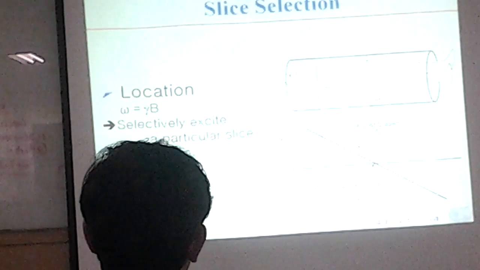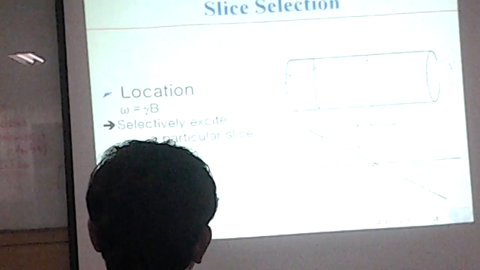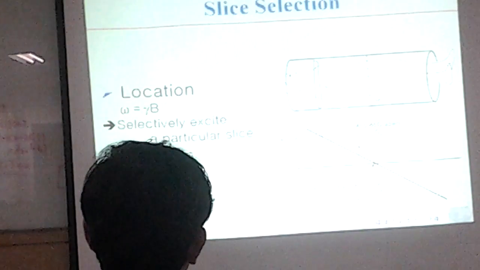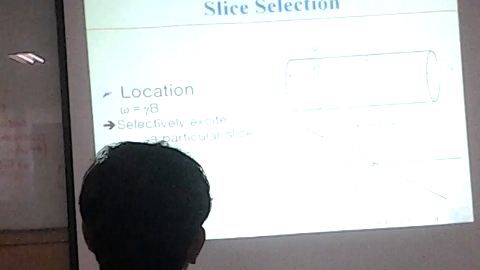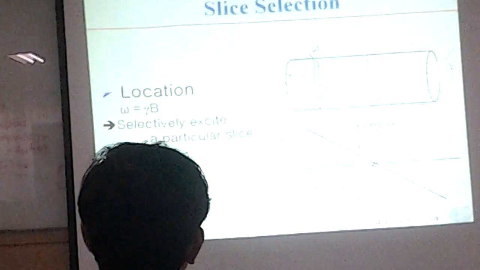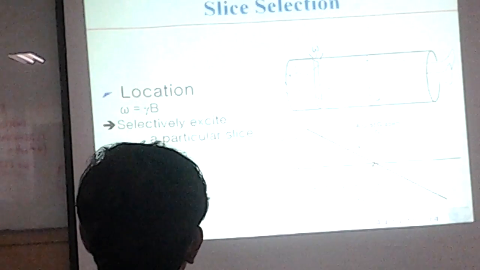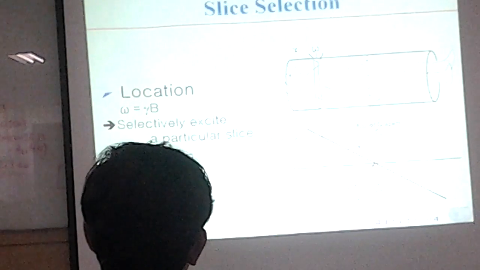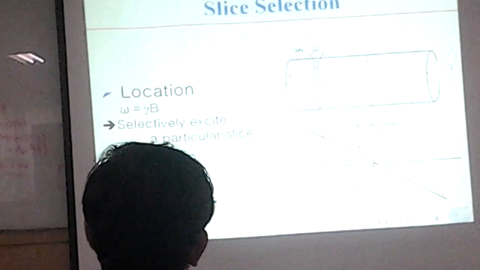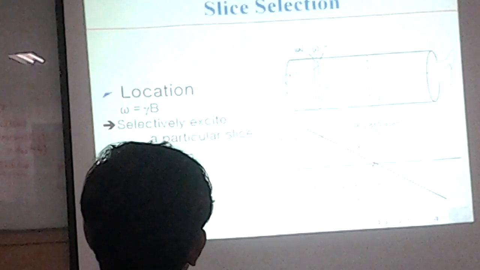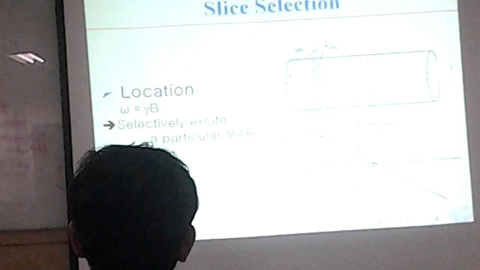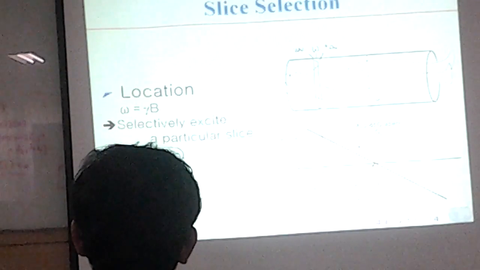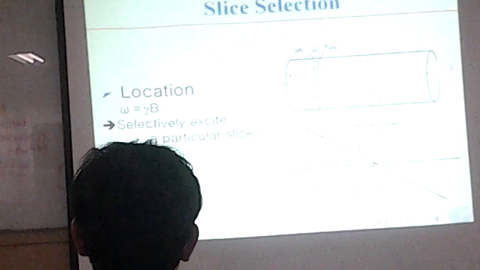So let's assume that the precession frequency of spins here has omega at the center, and each edge point has omega minus delta omega and omega plus delta omega. Okay? And the RF pulse has a frequency component like this.